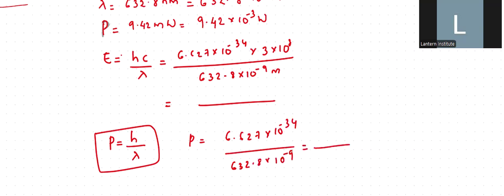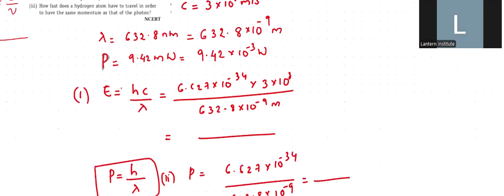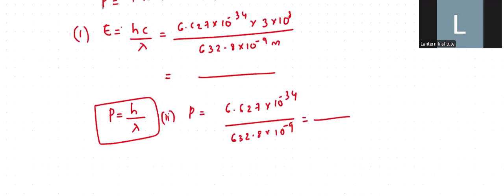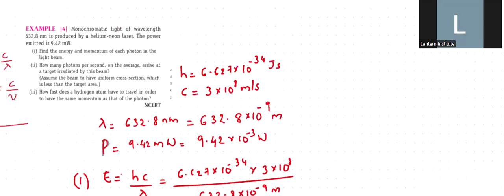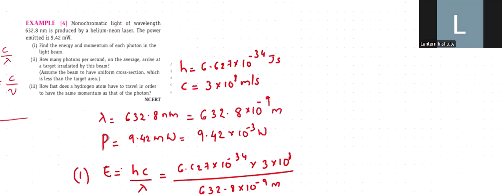So this is the first part of the question, and this is the second part. These are the first two parts of the question. Next, in the second question, they are asking how many photons per second on the average arrive at a target irradiated by this beam.